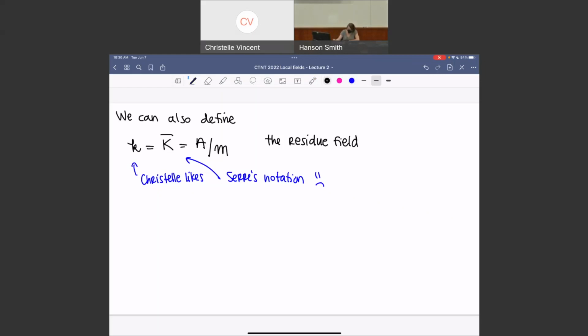All right, so now I want to say a little bit more. I was able to say all these things, but in fact, A is a PID, a principal ideal domain, and M is its unique prime ideal.